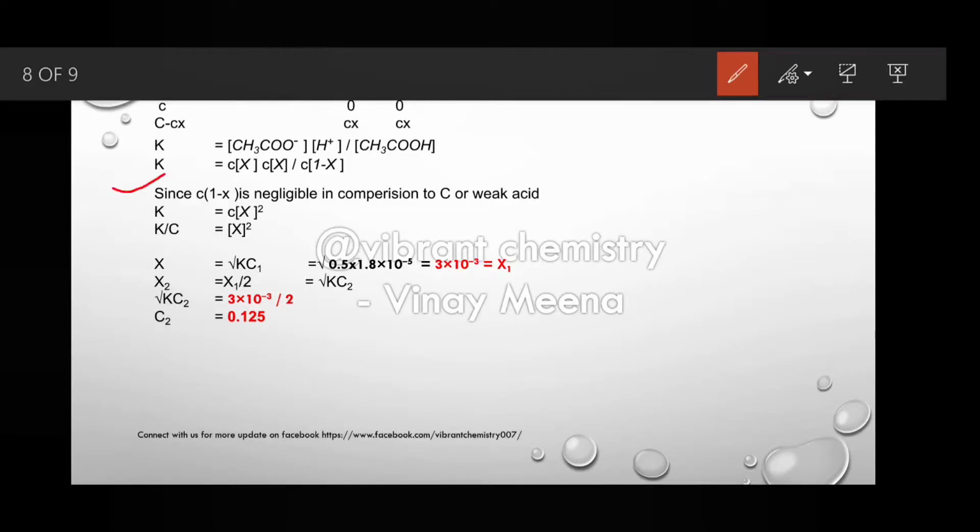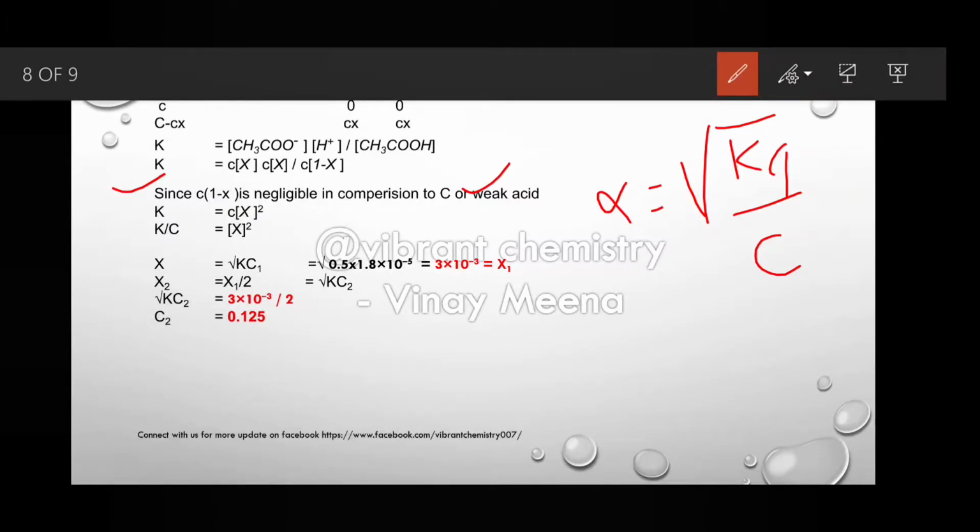Now understand that at this point, C into 1 minus X is negligible in comparison to C for a weak acid. So if you calculate alpha for the acetic acid, that is root of Ka by C. Although acetic acid is a weak acid, we should calculate alpha so that we can be 100% sure whether it is acting as a weak acid or not.